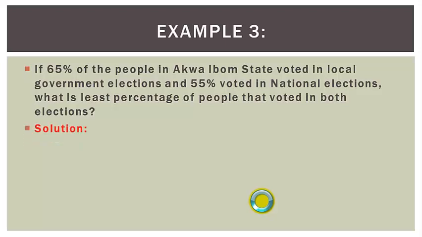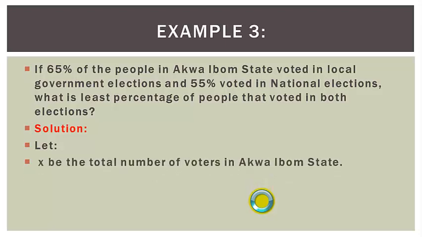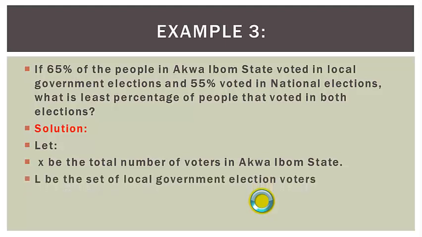Solution. Let X be the total number of voters in Akwa Ibom State, L be the set of local government election voters, and N be the set of national election voters.